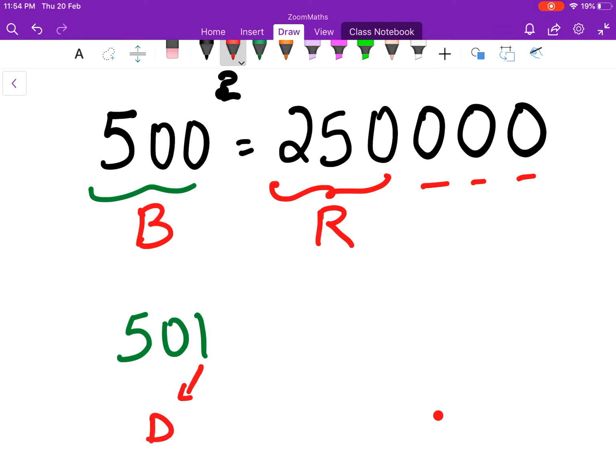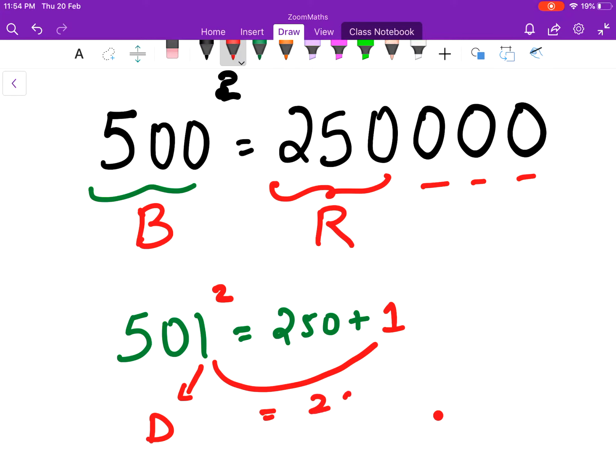So if you get 501 square, you just take the reference number 250 and add the deviation of 1, so it becomes 251.